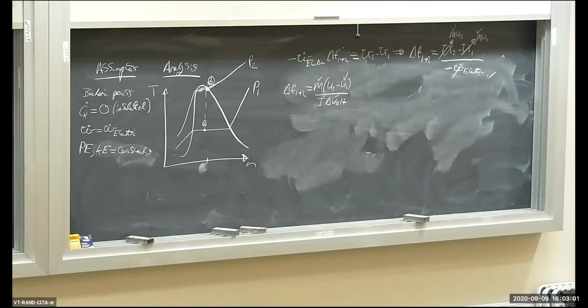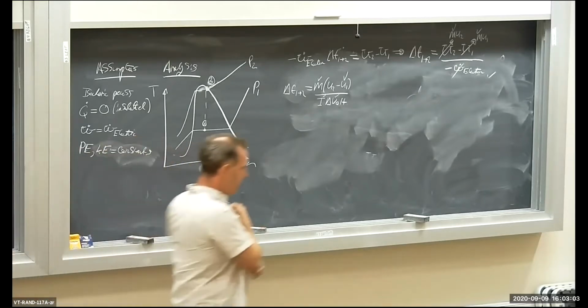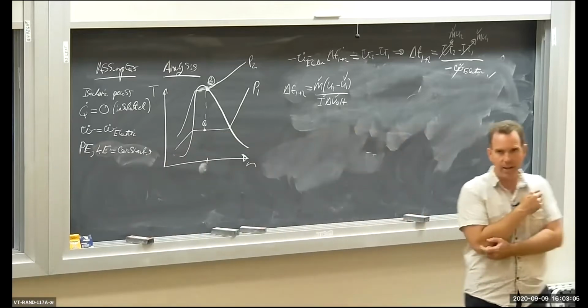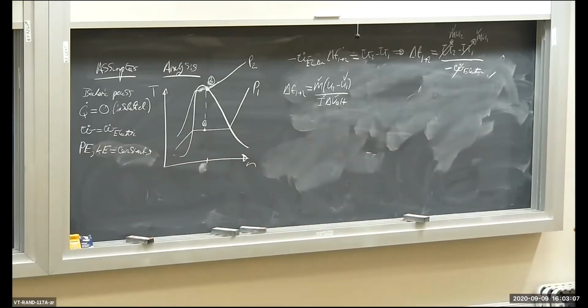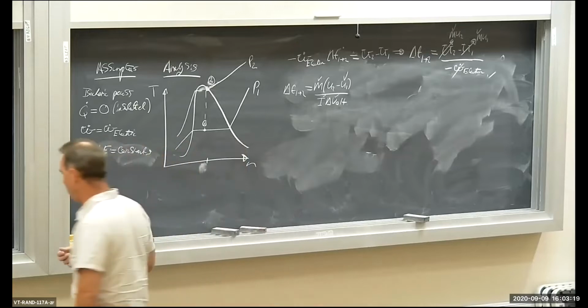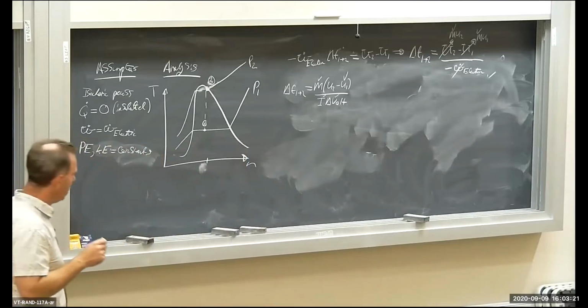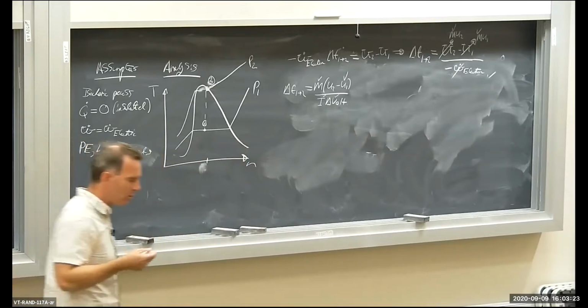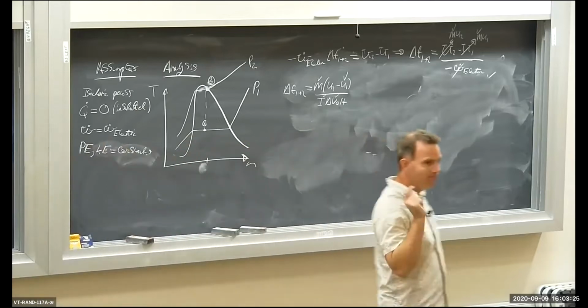We don't really know anything in particular except that it's a saturated vapor. So state 2 is on the saturation dome to the left of the critical point. We need to know something else about state 2 besides the quality. I need a temperature, I need a pressure, I need a specific volume.